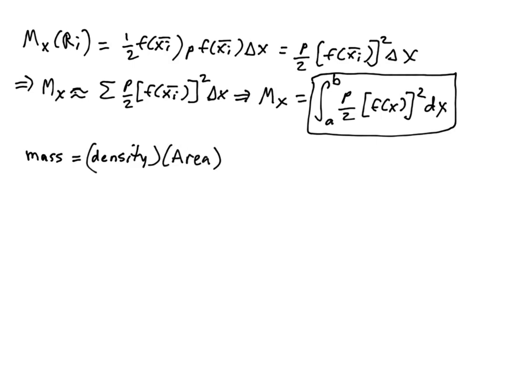But we already know what the area under a curve is. Isn't this just a definite integral from Math 60? So in fact, we end up with the following: rho times the integral from a to b of f of x dx, because the area under a curve is always that definite integral, right? We just integrate the function.